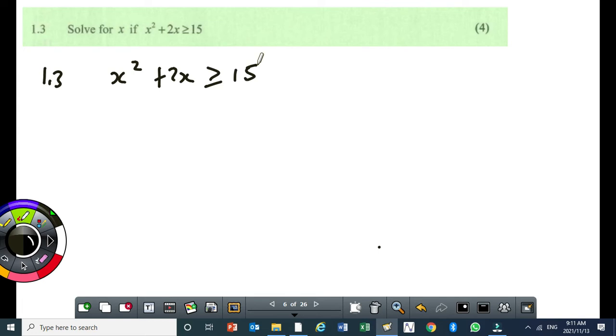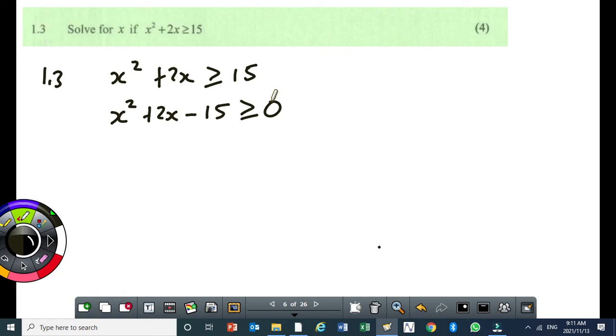If you take the 15 to the left, you get x squared plus 2x minus 15 is greater than or equal to 0. You might get a mark for that because that's 4 marks. So there is a possibility that taking the 15 to the left, you might get a mark for it. So don't skip that step, so that you will be on the safe side with those 4 marks.